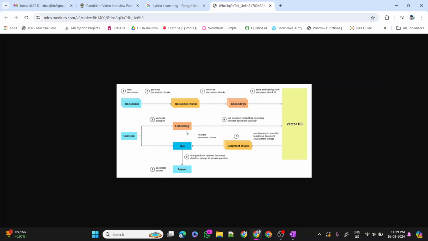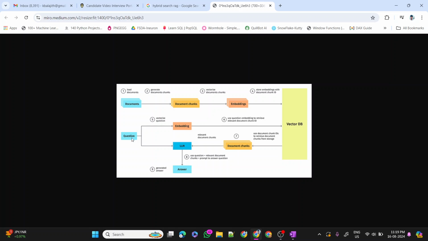The relevant context that is similar to the question is retrieved from the vector DB, and the context is converted into chunks and given to the LLM.